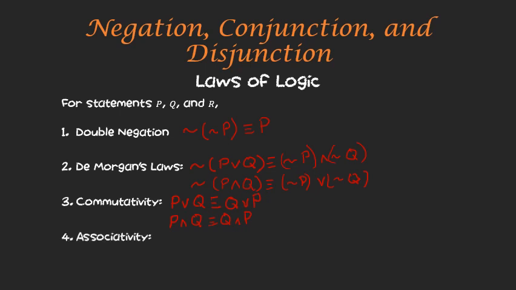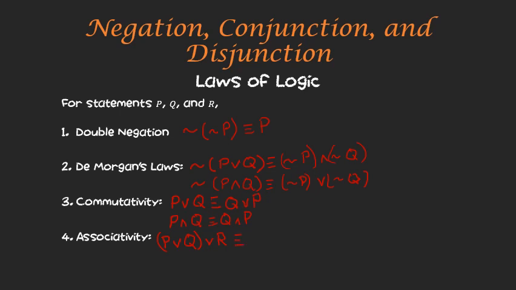We also have associativity. So this has to deal with three statements, how we can associate. So there's associativity of disjunction, so I'll write it like (P or Q) or R. In a way, this is also about order of operations.